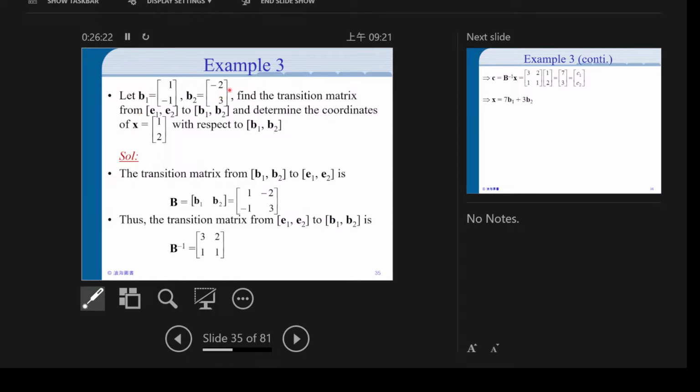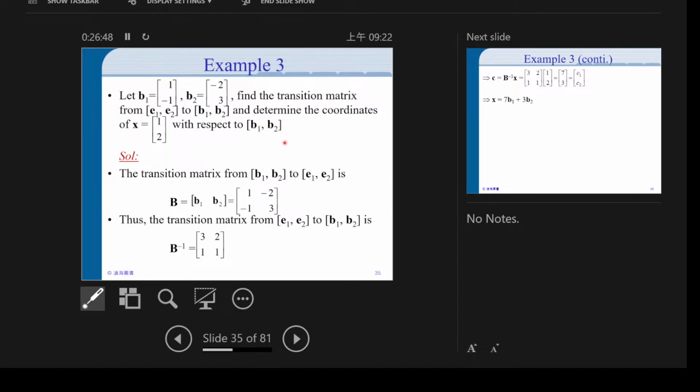Okay, and we have more examples. So we have b1 and b2, and we want to find the transition matrix from E1, E2 to B1, B2. And we know the transition matrix is just to write down B1 and B2, because x equals b times the coefficients of b. And so the transition matrix is, write down this, so 1, minus 1 and minus 2, 3. Okay.